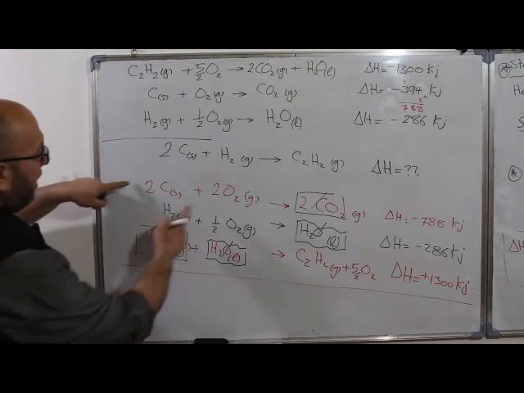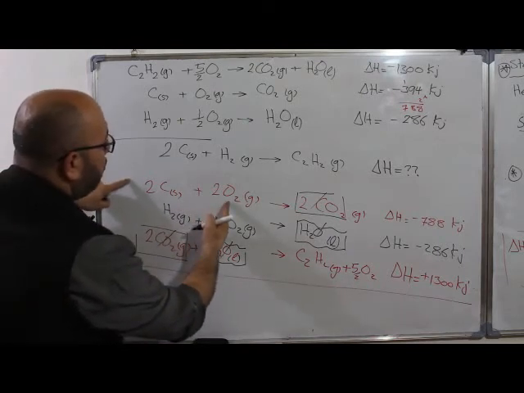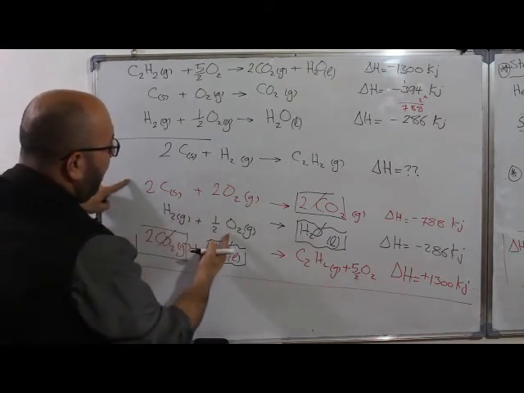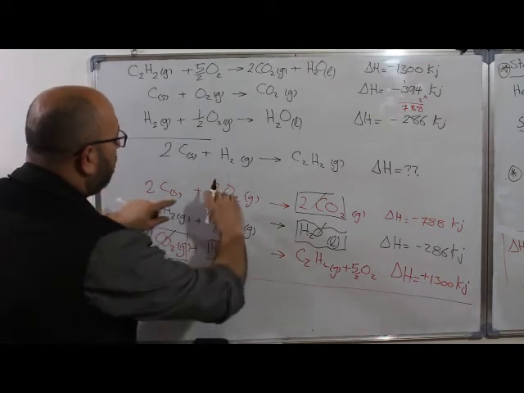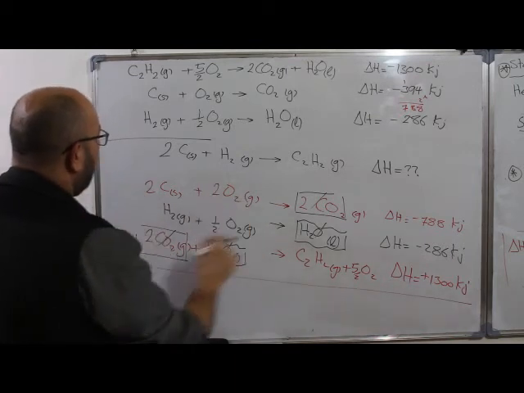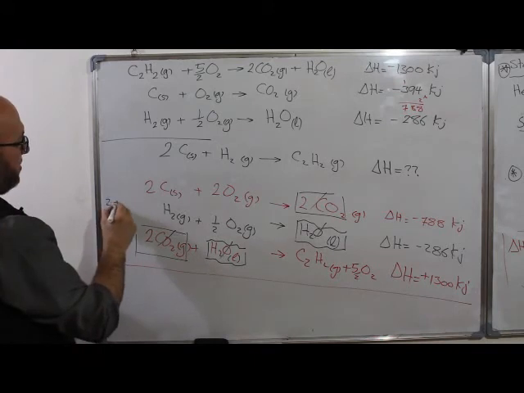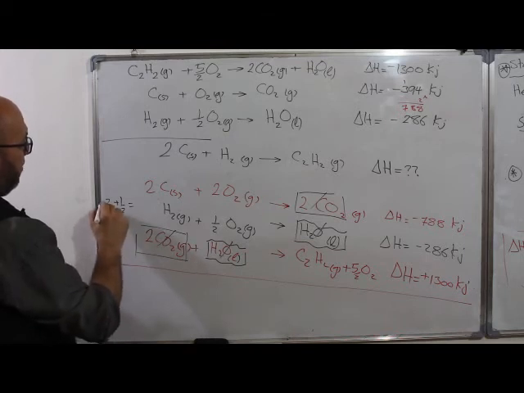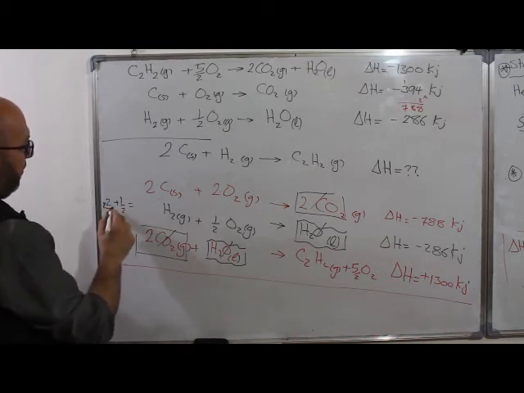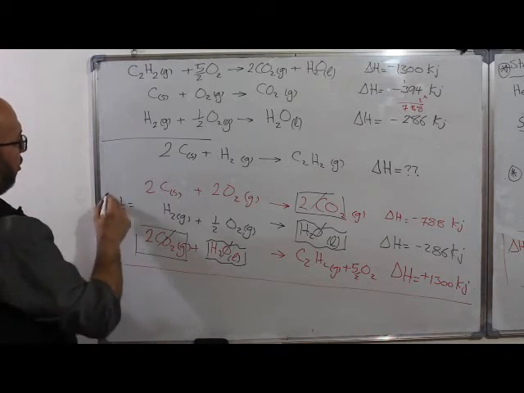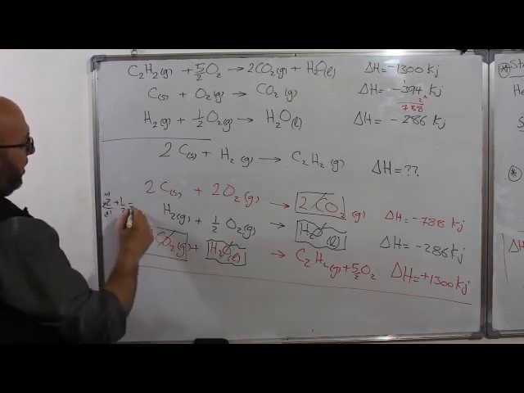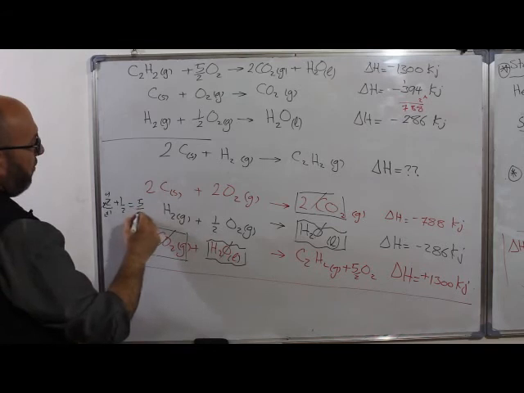What else? Here is 2O2, and here is half O2. Could we add them to each other's? 2 plus half is equal to it. Here it's 1 multiplied by 2 multiplied by 2, turned to 4/2. 4/2 plus 1 means 5/2.